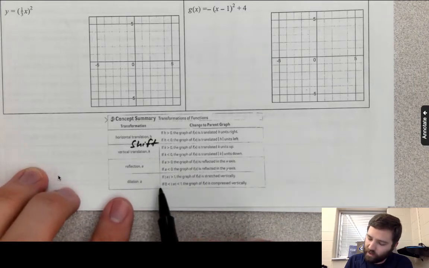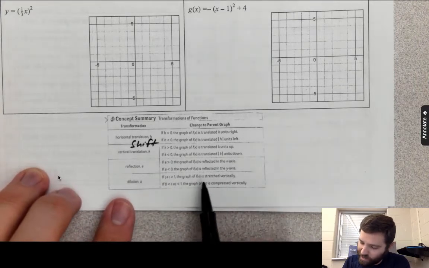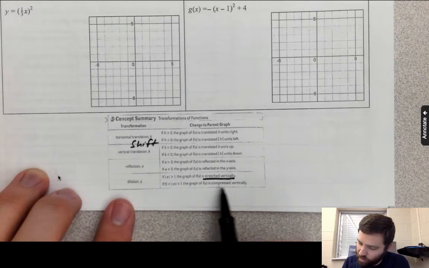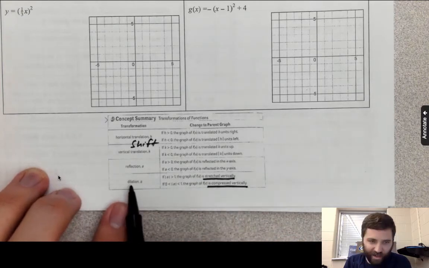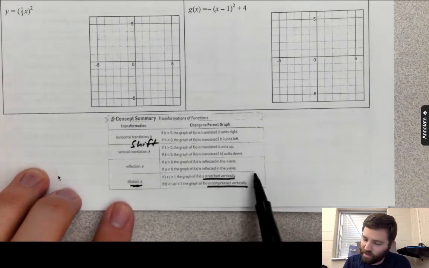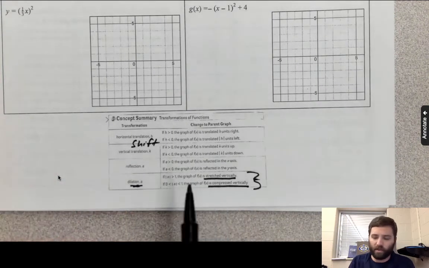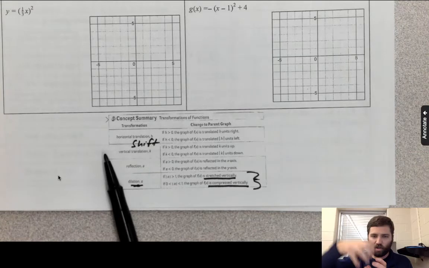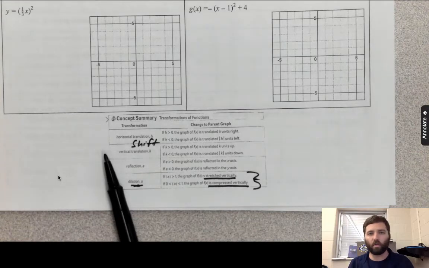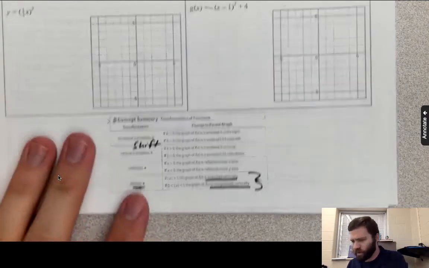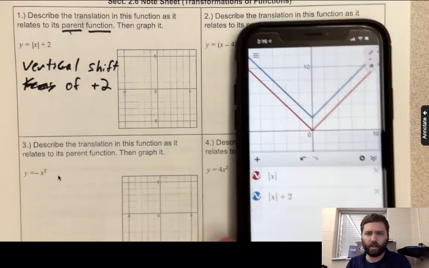The last thing I have to say about this box is here we have stretch vertically and compress vertically, but it's in the dilation section. This is the vocabulary I'm going to be using primarily because I think it helps you visualize it better, stretching or compressing a graph vertically, right? So when we get to some of those, that'll make more sense.